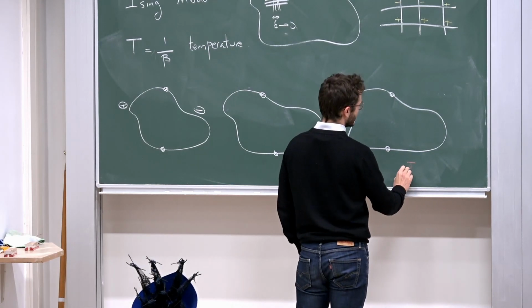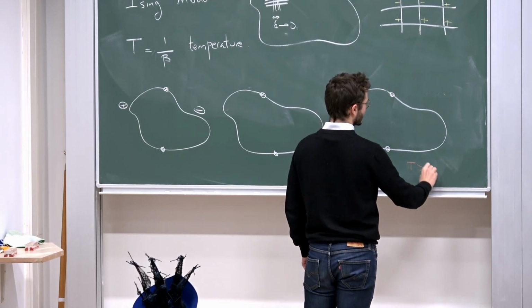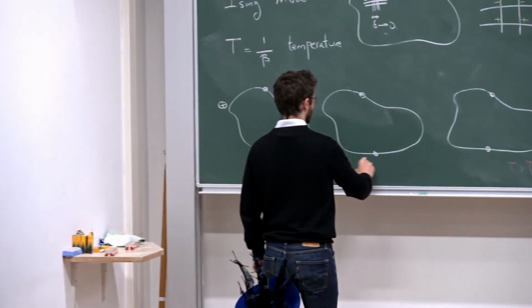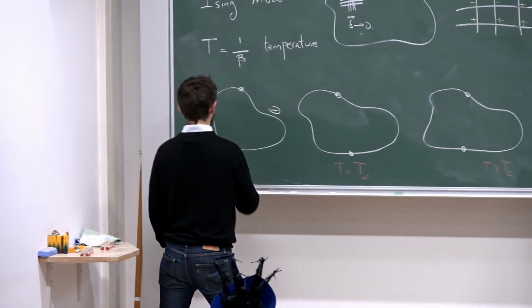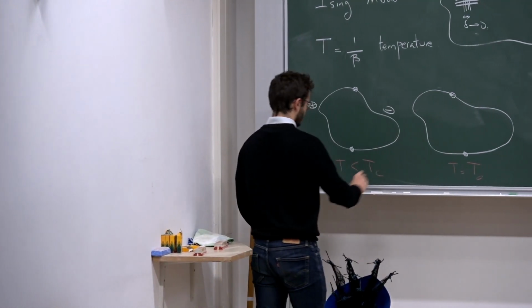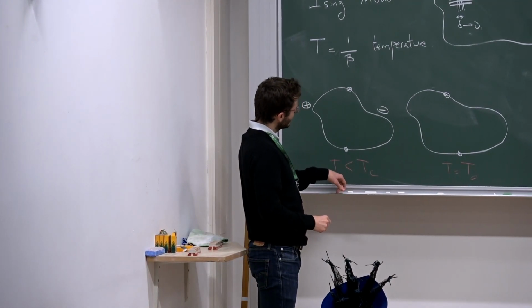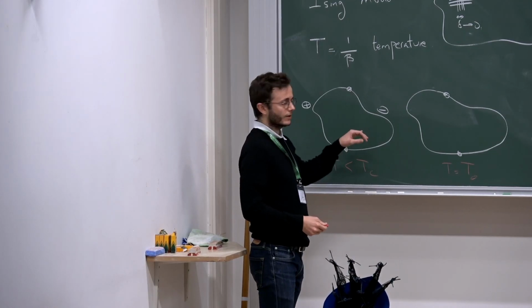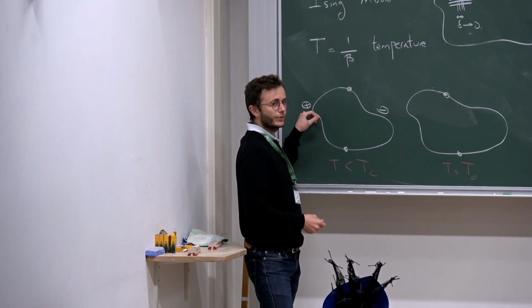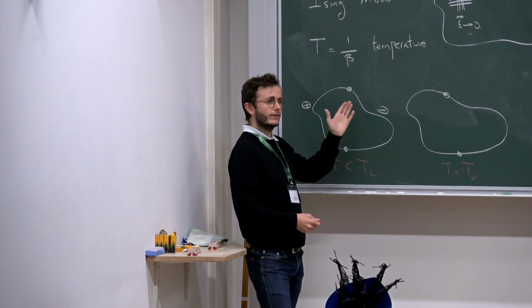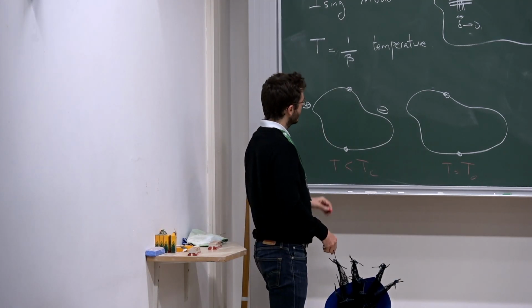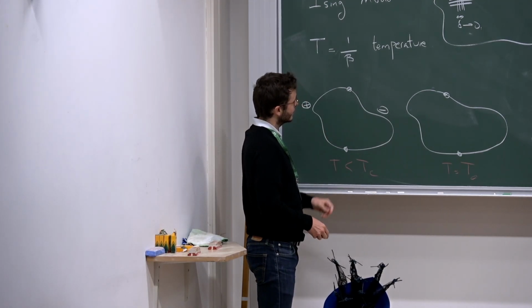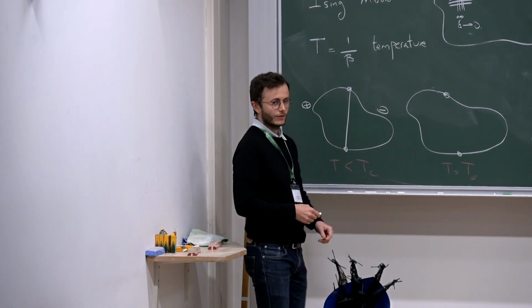This will be for T large. So there is a critical temperature. If my temperature is very small, the interaction is so strong that basically the plus boundary condition here will propagate quite deep in the domain. And in the scaling limit, actually, you will see an interface that becomes deterministic.